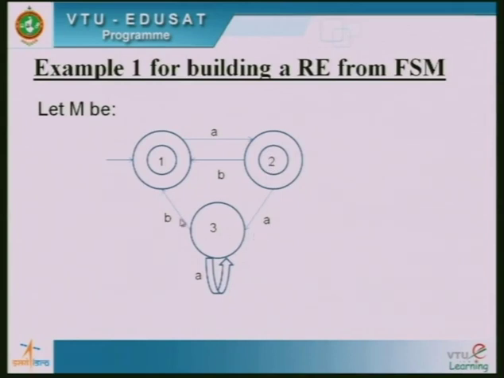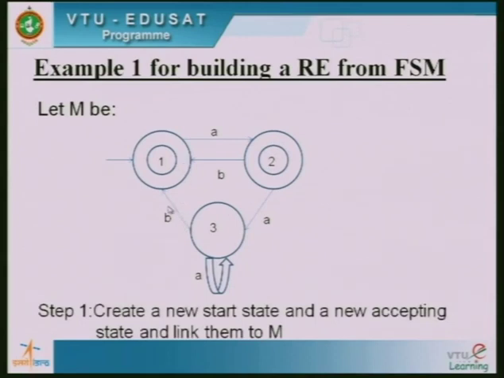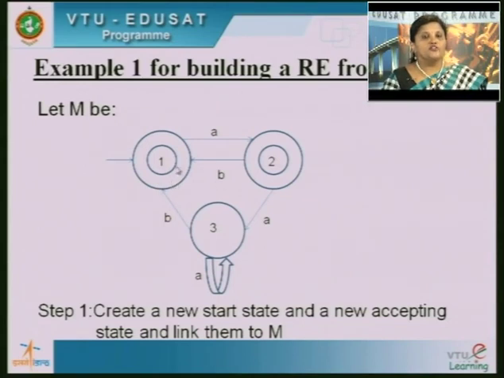So what is the first step you have to perform? Since there are incoming arcs for the start state, you should create a new start state, and also there are two accepting states, so you should create a new accepting state.